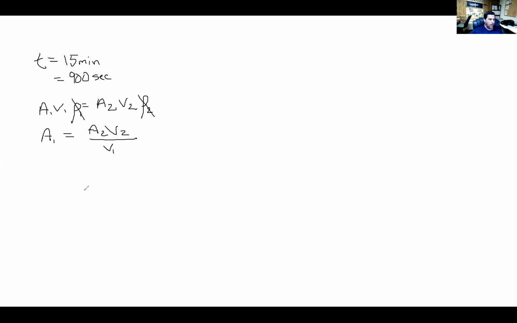So we know that a velocity is some length per time. If we look at this A2 V2 term in the numerator, the area is some cross-sectional area, but the velocity is some length per time.